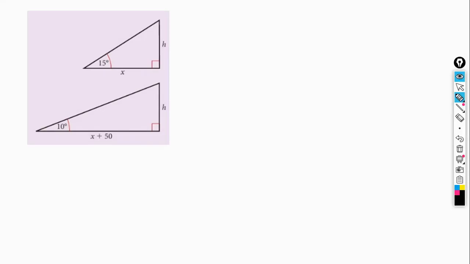So here we have separated the triangles representing the situations that we just described. So notice that for this first triangle, we can use the fact that tangent of 15 is equal to opposite over adjacent, so h over x.